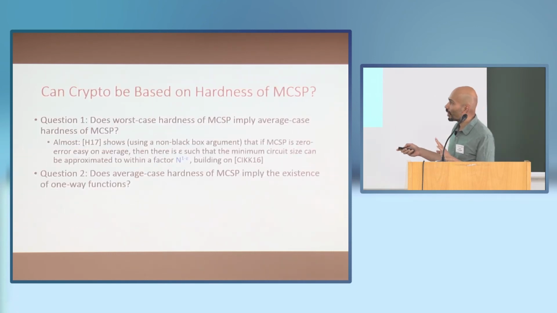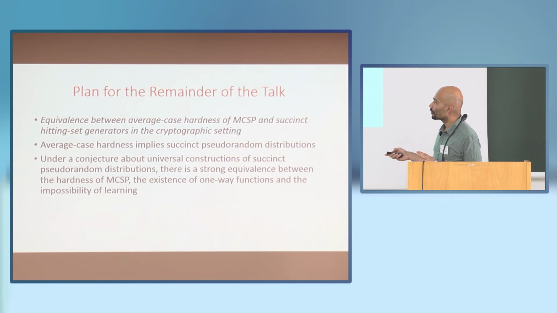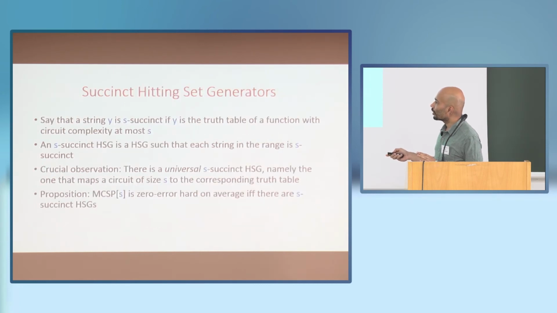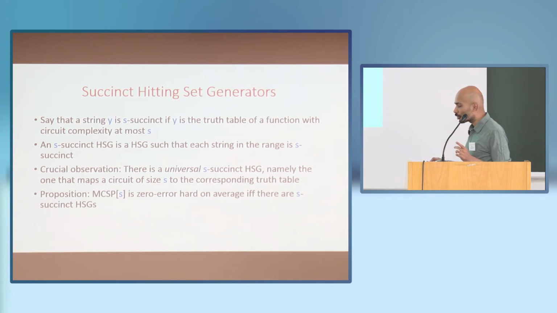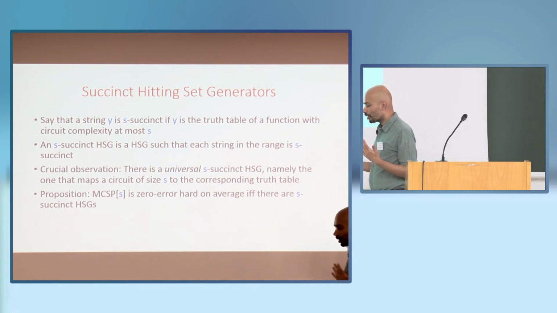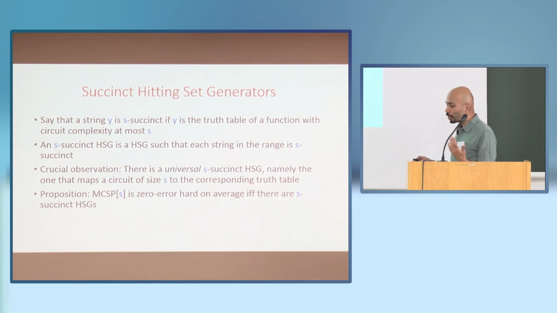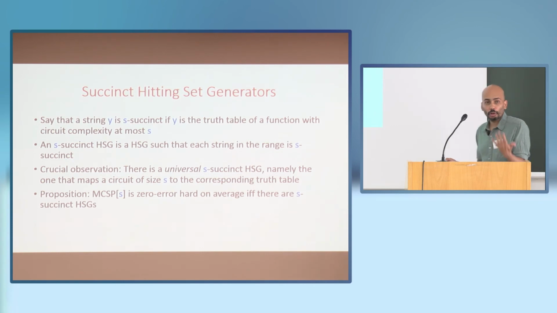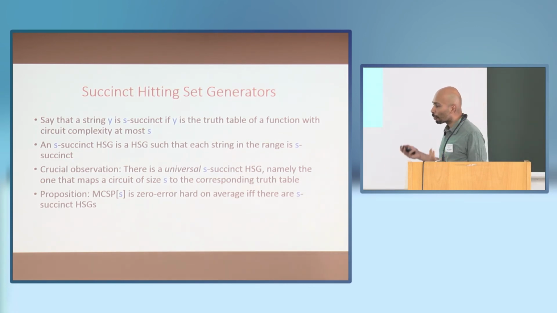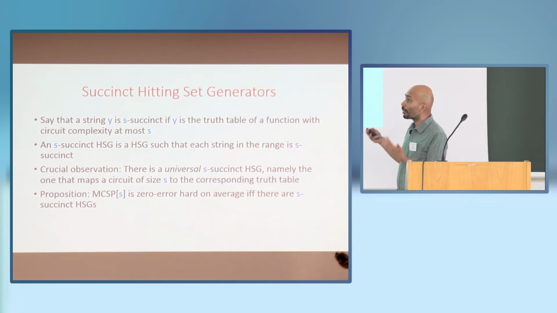But in fact, this is a fairly generic phenomenon. This notion of succinct hitting set generators also occurs in arithmetic complexity. In arithmetic complexity, like Boolean complexity, there are barriers to proving lower bounds, and there's been a proposal for arithmetic natural proofs, for a natural proofs barrier there.